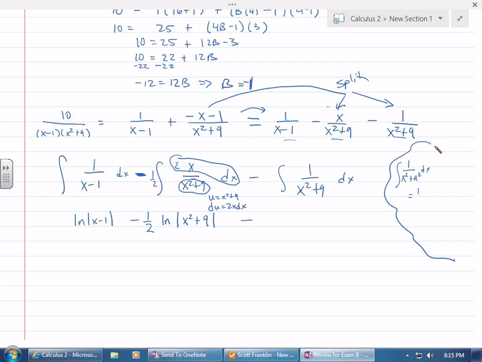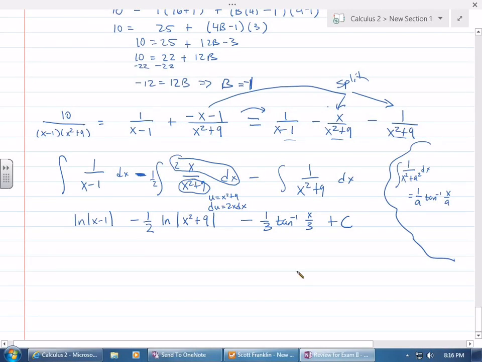So 1 over a tangent inverse of x over a. So this becomes 1/3 tangent inverse of x over 3, all plus c. So that's the hard one, the longest one of number 4 for sure.